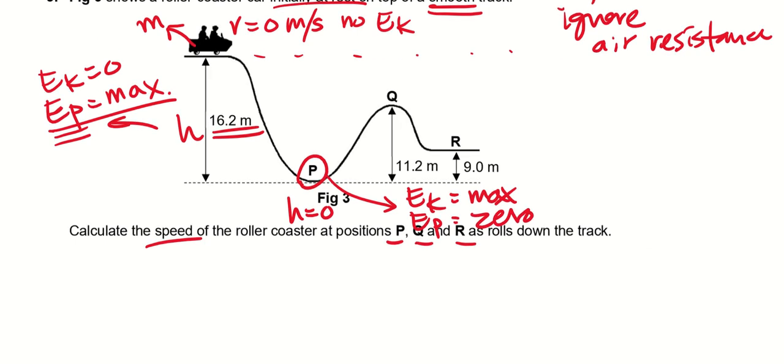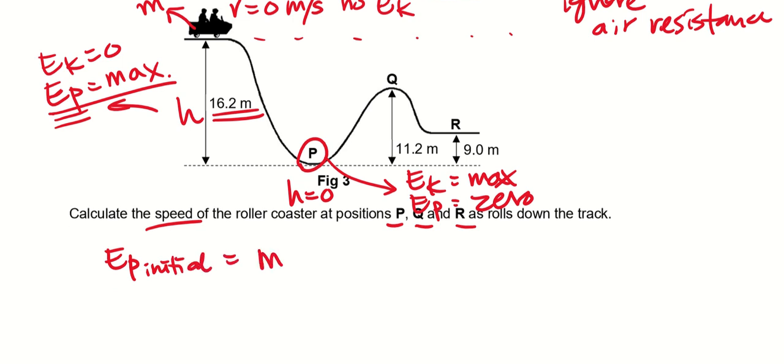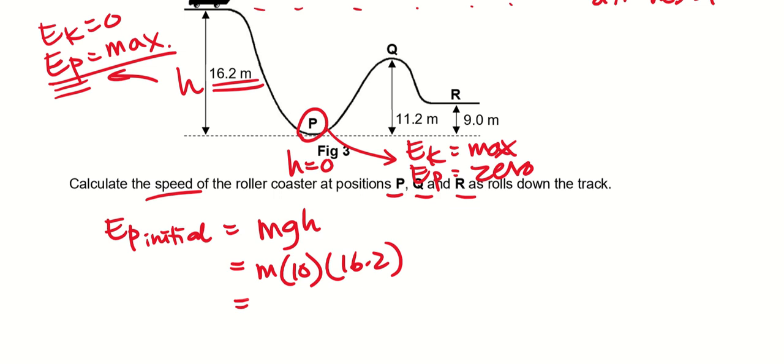So let us calculate the EP at initial. It is equal to mgh, and because I don't know what m is, I'm going to leave it as m. The g is 10, as it is happening on Earth, and the height is 16.2. So this is going to be 162 m.